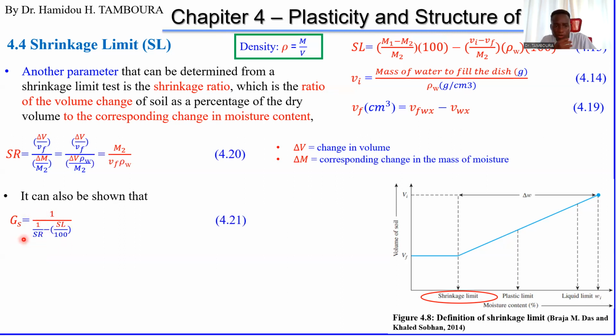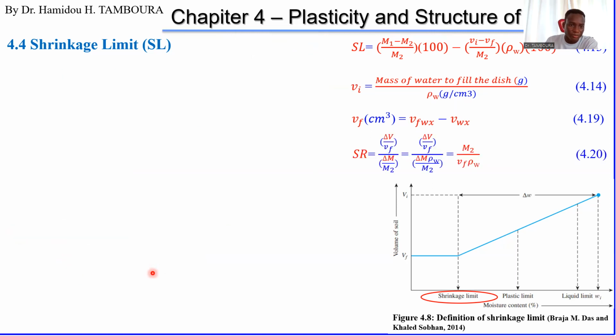We can use these two parameters, the shrinkage ratio and the shrinkage limit, to obtain the specific gravity of soil by using this simple formula. Maybe if you want a demonstration of this, we can do it also if you need. But I think you can just keep this formula in mind. Specific gravity of soil.